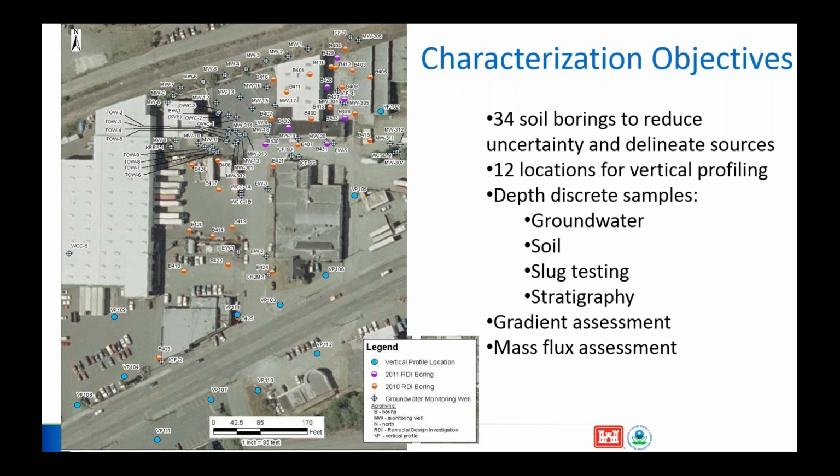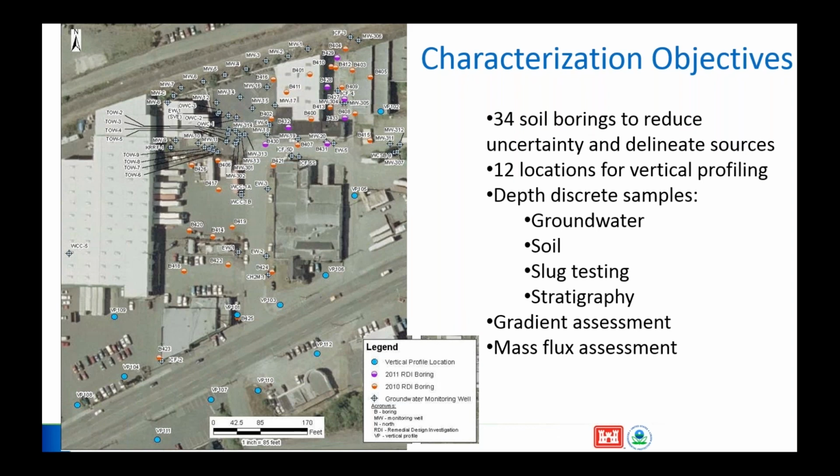Importantly, because the mass discharge goal was built into the ROD amendment at this site, we had to figure out how we were going to measure mass discharge, and what the mass discharge actually was, before we started the remedy. Just for orientation, the source area is all up in here where all these borings and wells are.